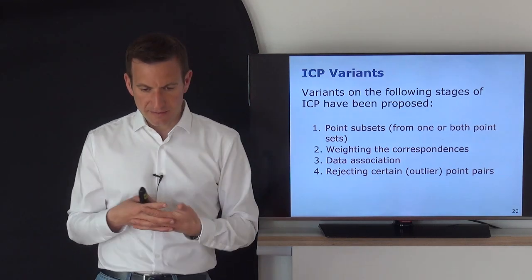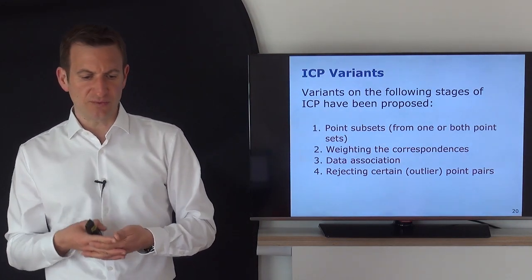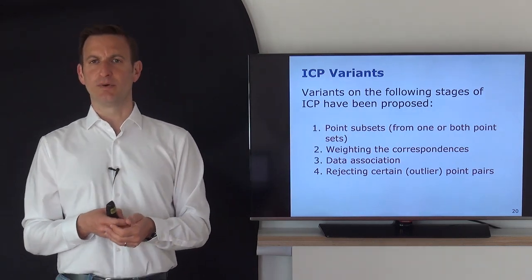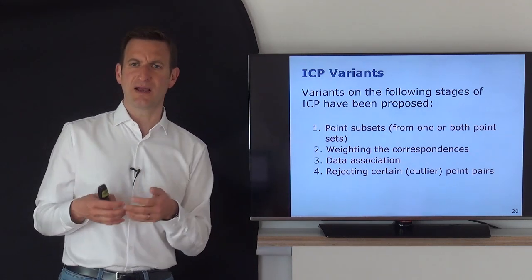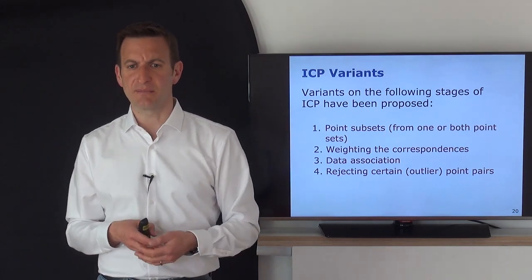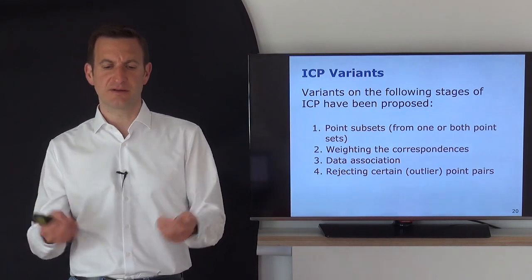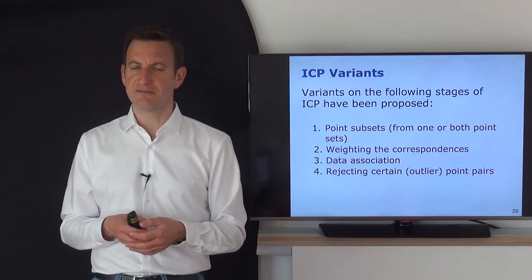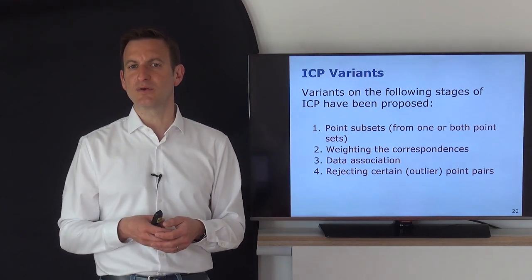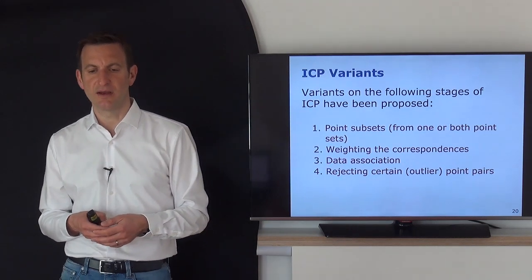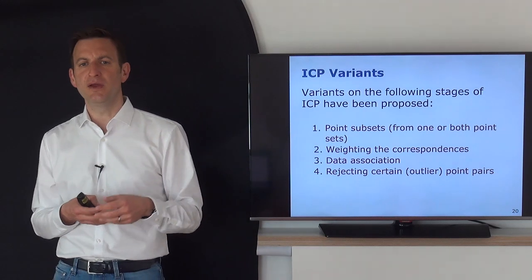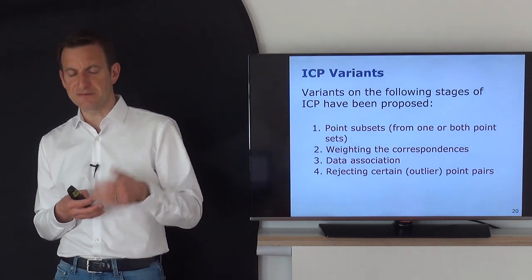And again, there are a large number of different variations that I can change. So one of the things is, for example, I may not want to use all points. You may think, okay, why is this a good idea to reduce the number of points? The more measurements, the better. That's the initial intuition. But there can be several reasons why I may want to reduce the number of points that I'm considering. This can be due to speed, but it can also be due to different densities of points.